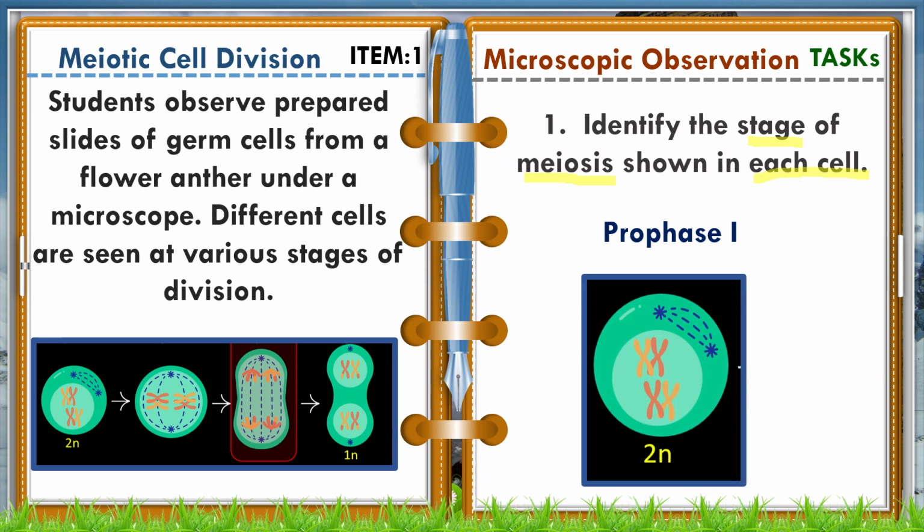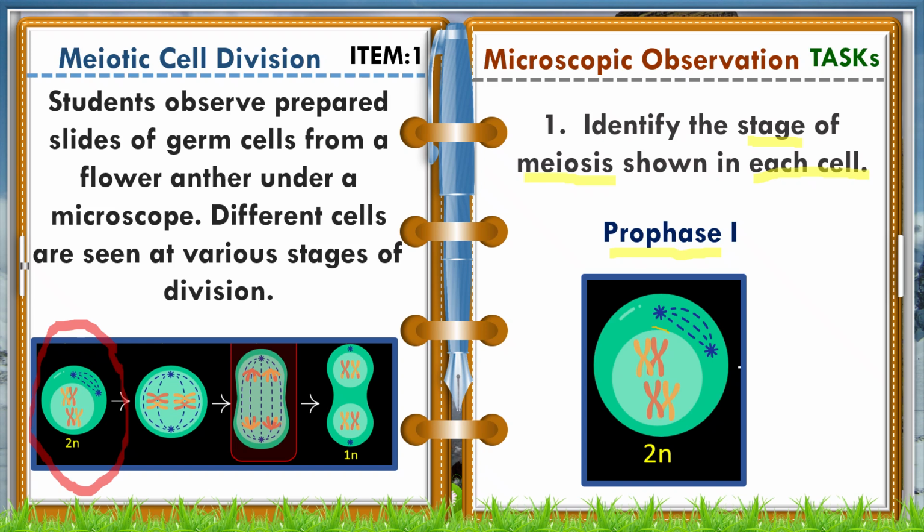We are starting with prophase. Our cell here is saying 2N. 2N means it is a diploid, and it is being represented by 2 pairs of homologous chromosomes.